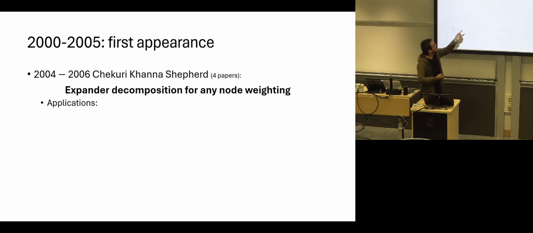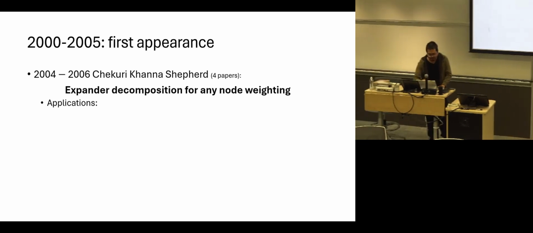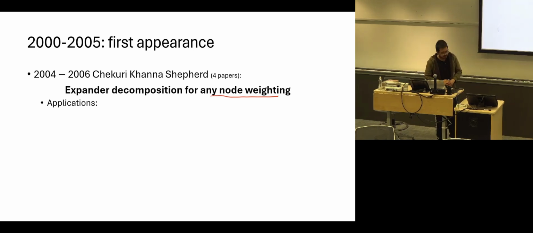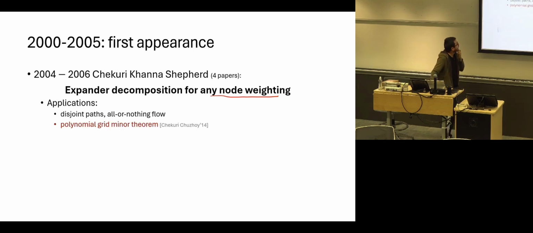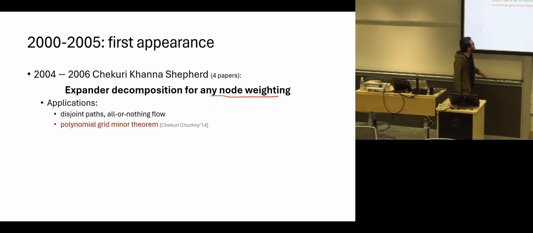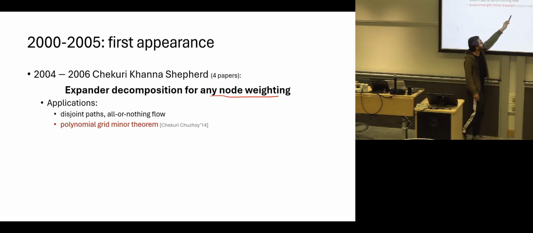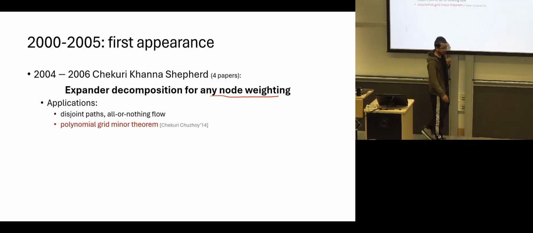So that's why they need to talk about expander decomposition for that node weighting, that set of vertices. And then they show a bunch of applications. One of the really impressive applications is the grid minor theorem by Chandra Chekuri and Julia Chuzhoy.